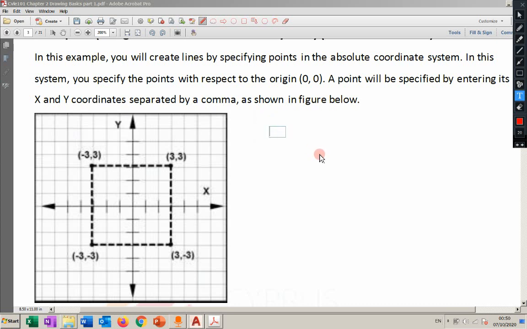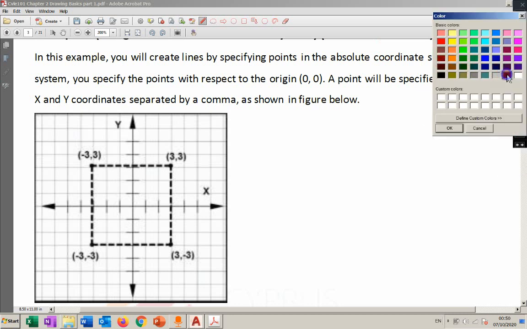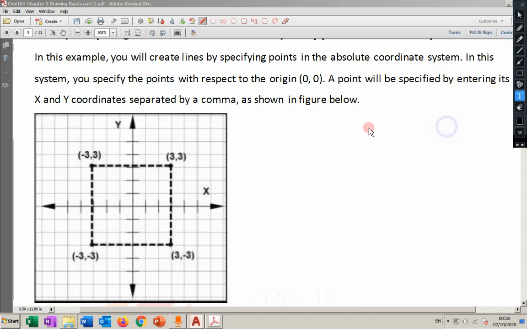Now, the first method is 2 points. If I have 2 points, you'll be able to use this easy one.